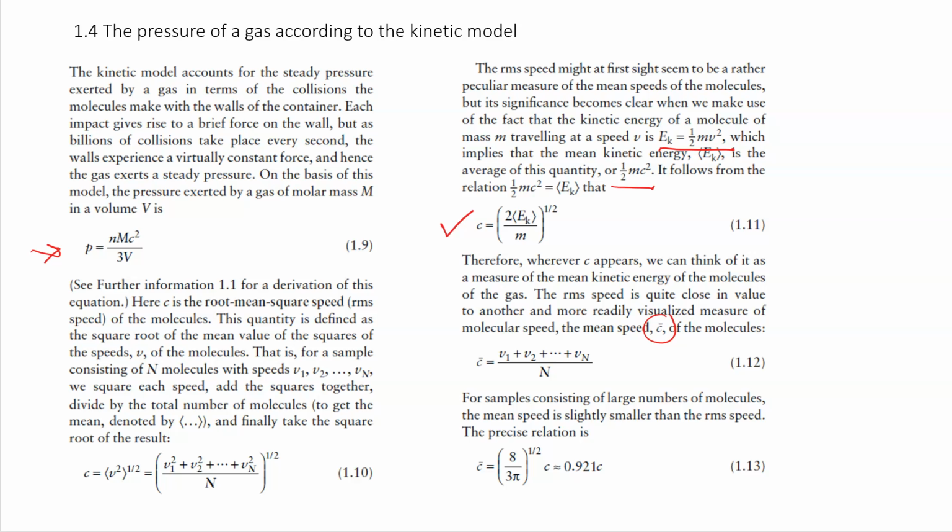But even though it's easier to recognize, I think we all are mathematically sophisticated enough to look at root mean squared as a mechanism. For samples consisting of a really large number of molecules, the mean speed is actually going to be slightly smaller than the RMS speed, and that precise relationship is quantifiable here, where the mean speed is equal to the square root of 8 over 3 pi times c, which is approximately equal to 0.921 c.